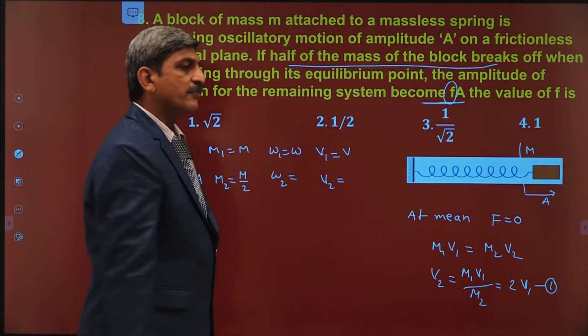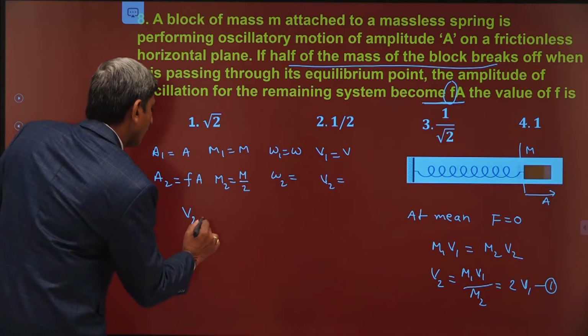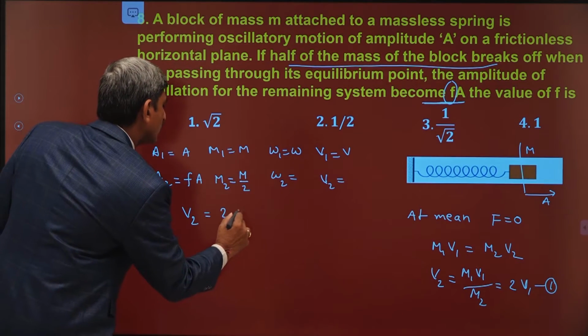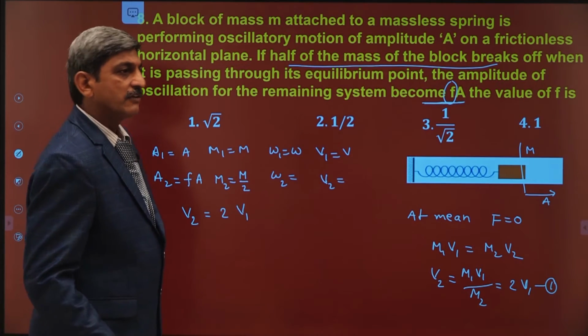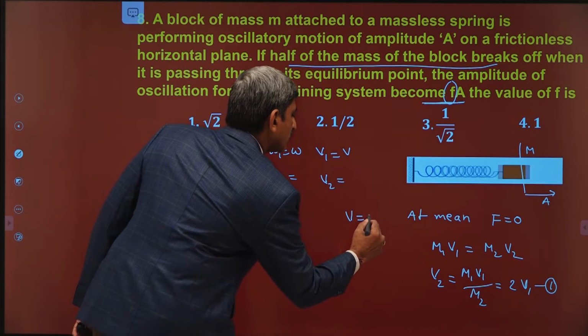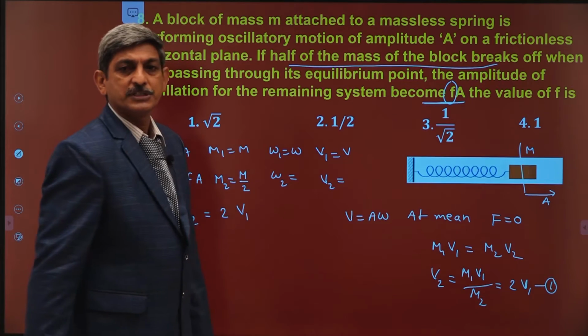So using the law of conservation of linear momentum, we obtain that the velocity of the remaining body attached to the spring is equal to 2 times its initial velocity. But already we know that whenever a body is making simple harmonic motion, the velocity of the body v is equal to A omega at the mean position.